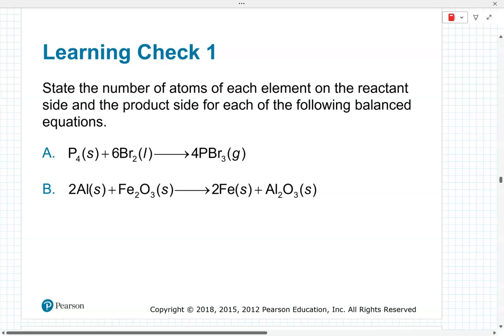You just need to state, so how many atoms of phosphorus in example A do we have on the left? 4. How many atoms of bromine? 12. Yes, because how many molecules of bromine do we have on the left? 6. And how many atoms per molecule? Yes.